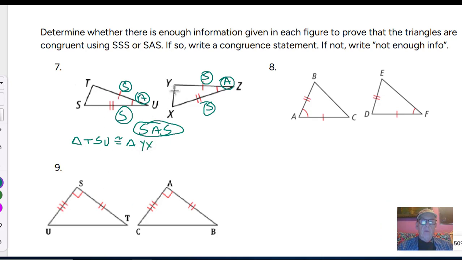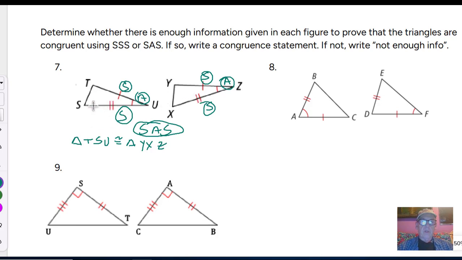And then from YX we go out to Z, and from TS we go out to U. So U matches with Z, yes. X matches with S. X and S would be those two. And X is after the 2 marked side, between the 2 marked side and the unmarked side.